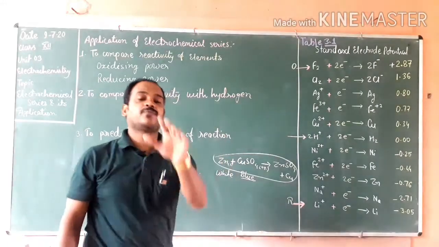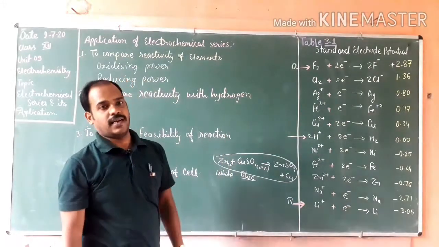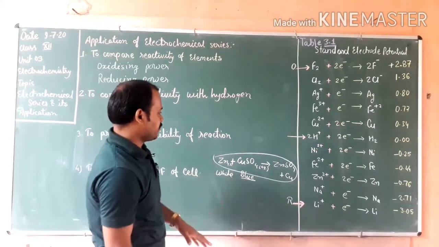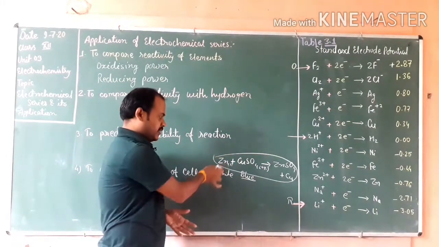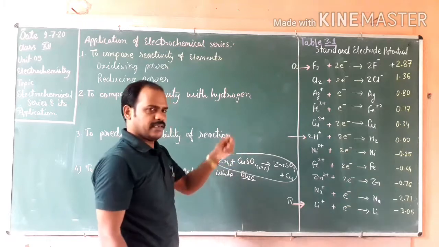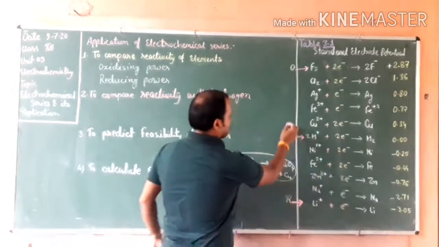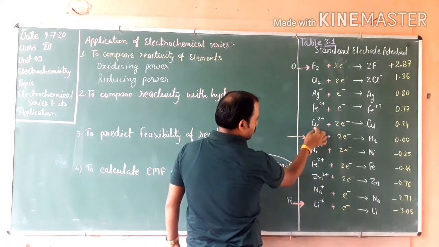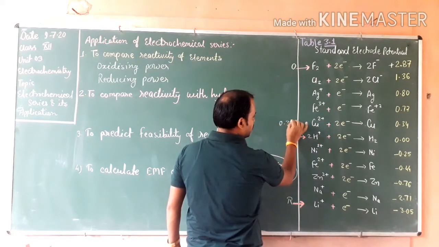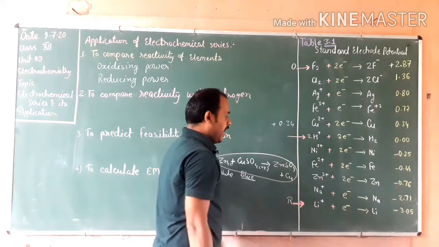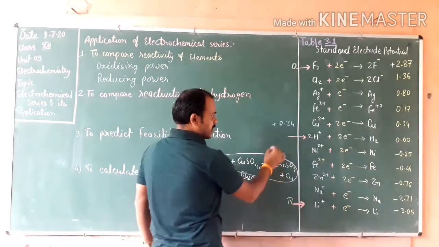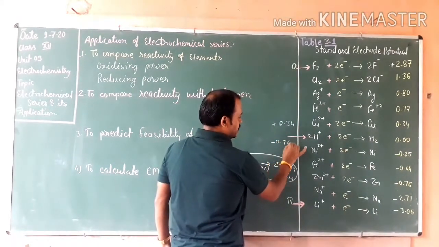So now here we have to compare the reactivity of elements. We know that zinc is more reactive than copper, so compare their electrode potential. Copper has electrode potential 0.34, it is positive, and the electrode potential of zinc is minus 0.76.